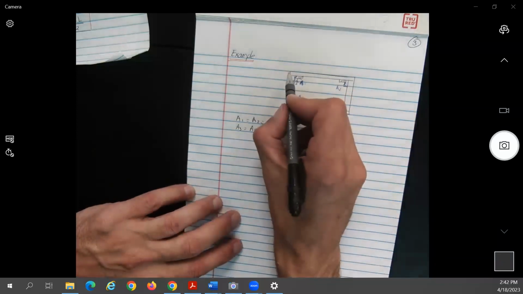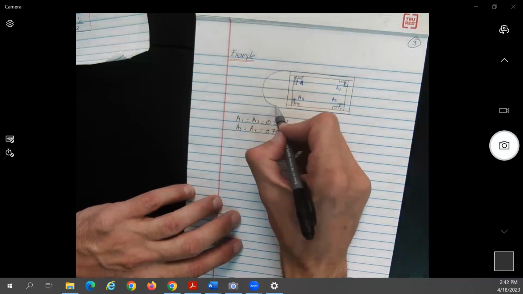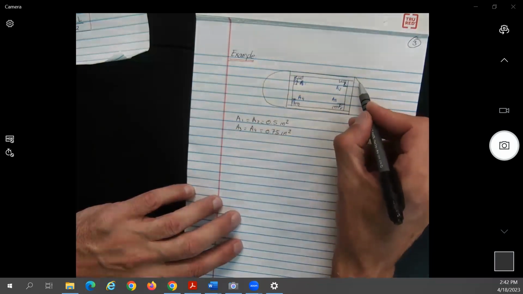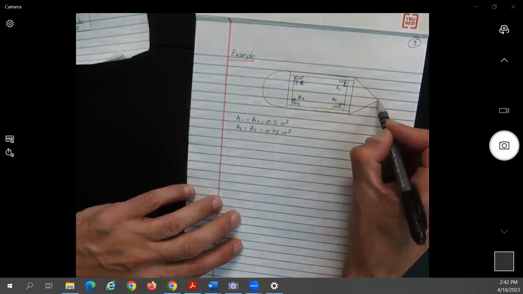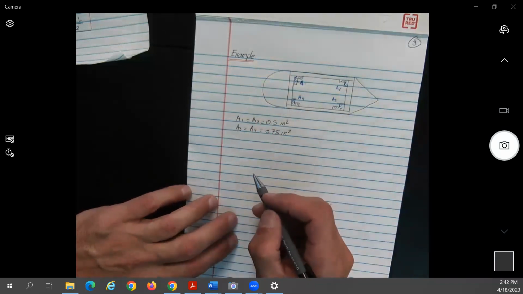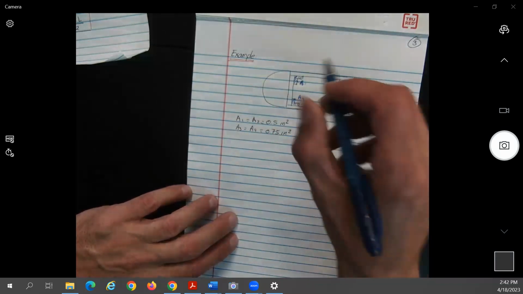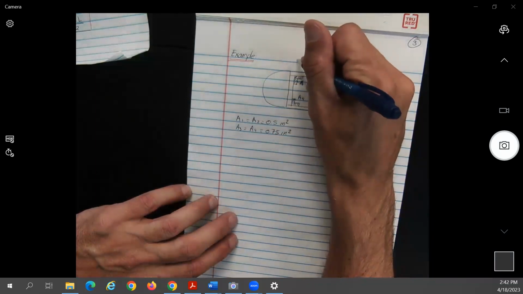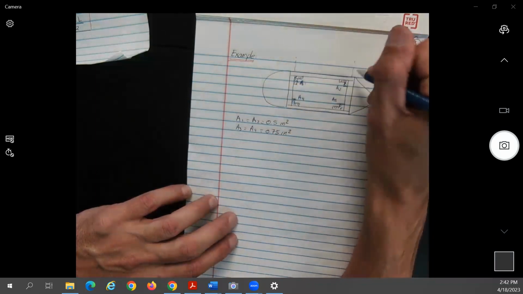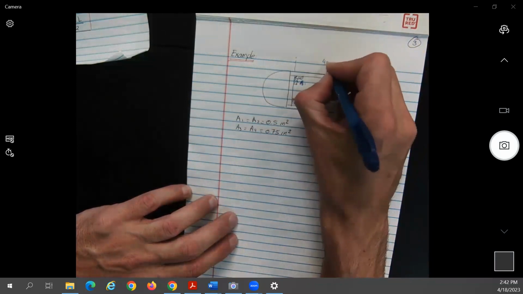Oh, and let me give some more geometry here. So now it's a wing box. Now you give some aerodynamic shape. So let's see, that distance here will be 48 inches.